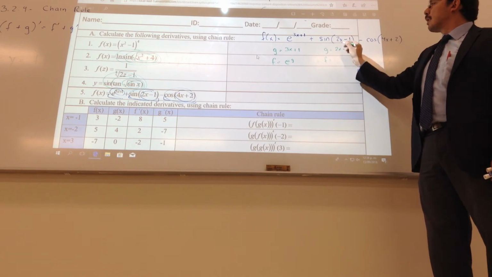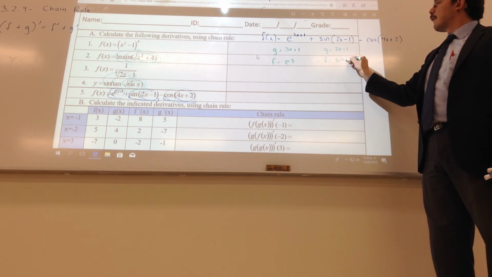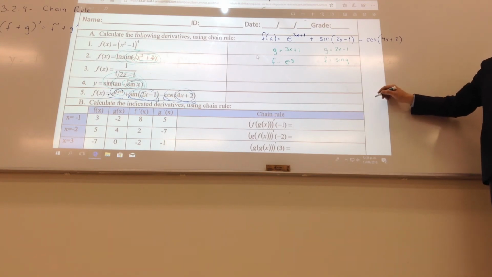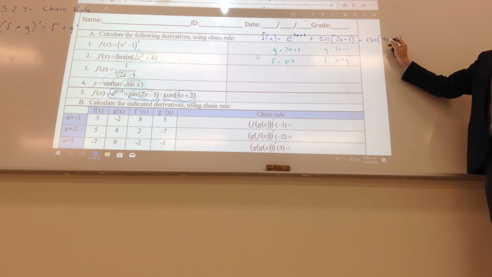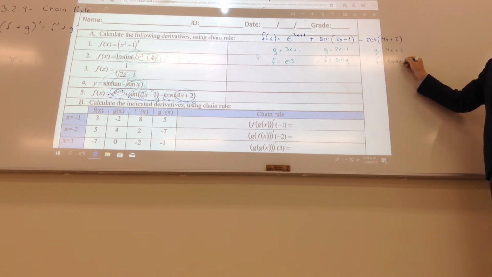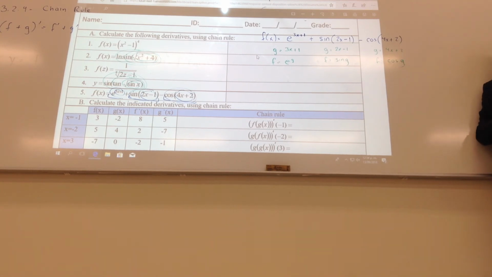What's the f for this one? Sine of g. The last one, g is 4x plus 2, and f is cosine of g. Forget about the minus. Leave it.